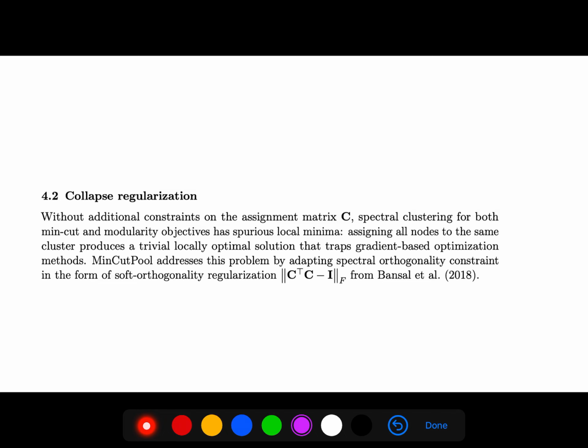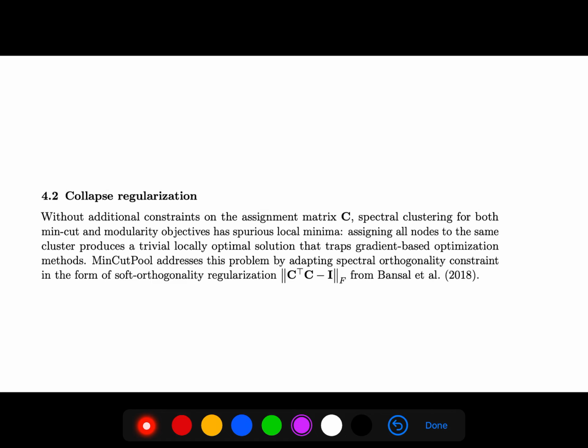Without additional constraint on the assignment matrix, spectral clustering for both min cut and modularity has a spurious local minima. Assigning all nodes to the same cluster produces a trivial locally optimal solution that traps gradient-based optimization methods.